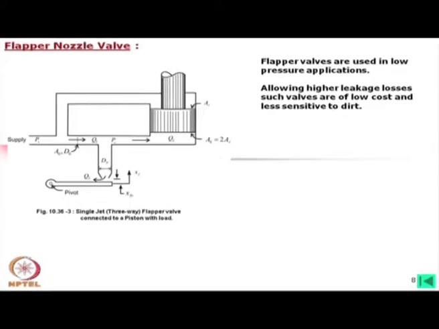Such valves are of low cost and less sensitive to dirt. This means that in such an orifice you will find the flapper is moving, thereby the flapper area is being controlled, and the dirt can easily go out. So, it is better than the three-way spool valve. However, there will always be leakage loss and we should take care of that.